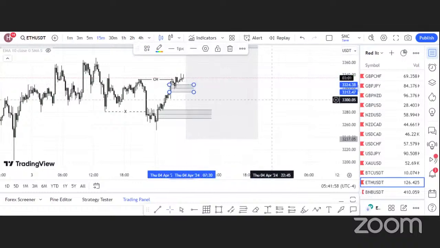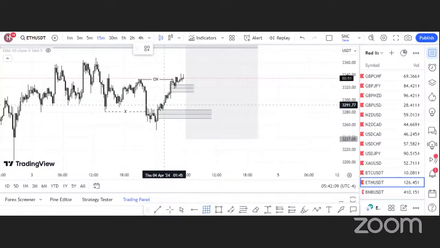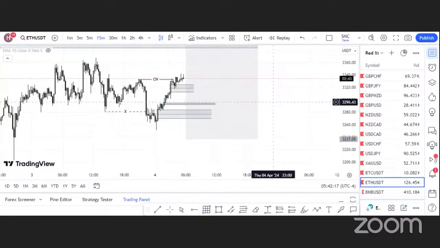All right, so we have another one here, but as you can see, it's already mitigated. Then we have a tiny one here. So these are the zones we have here.